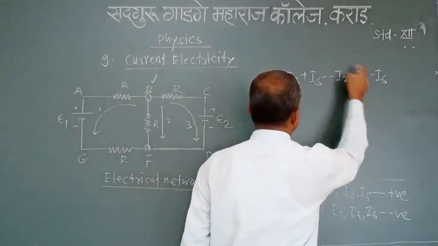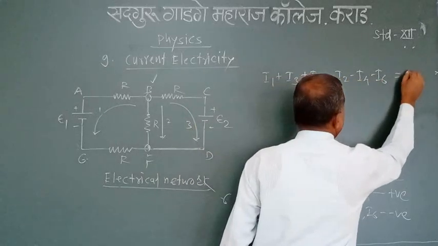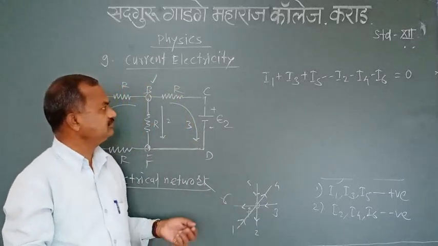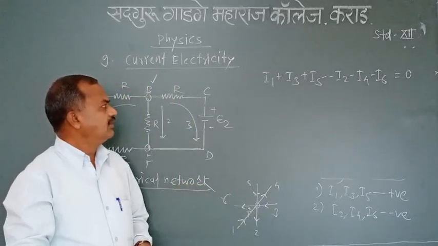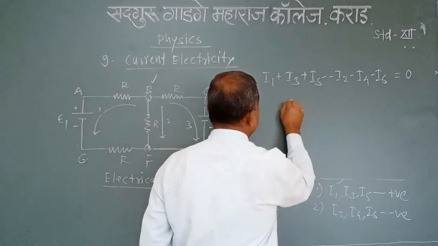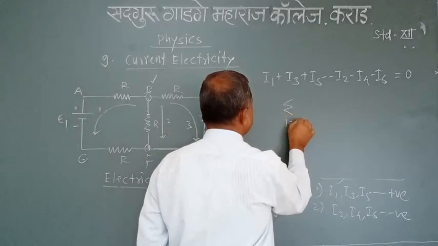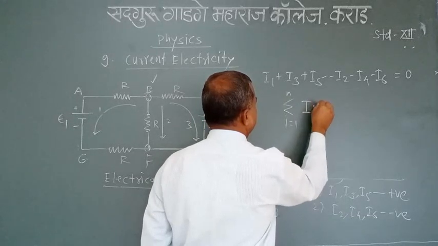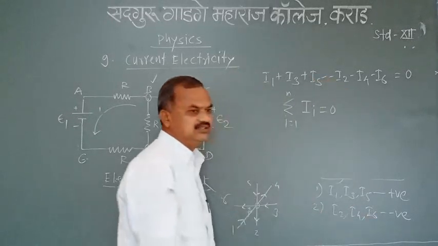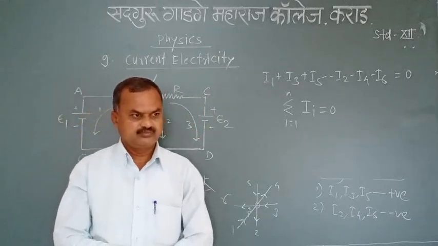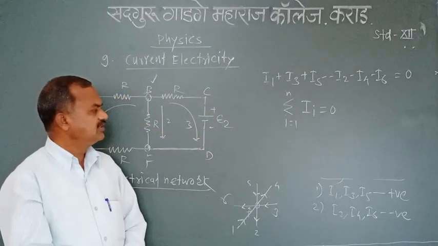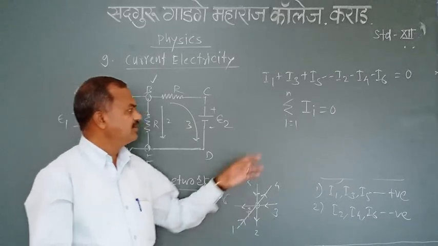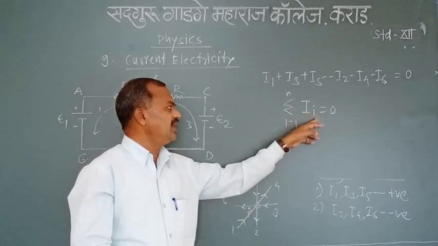So the sum of all these currents is always equal to 0 according to the statement of Kirchhoff's first law. In general, we can write the formula: summation of I, from I equal to 1 to n, equals 0. This is the mathematical formula for Kirchhoff's first law applicable for electric network.